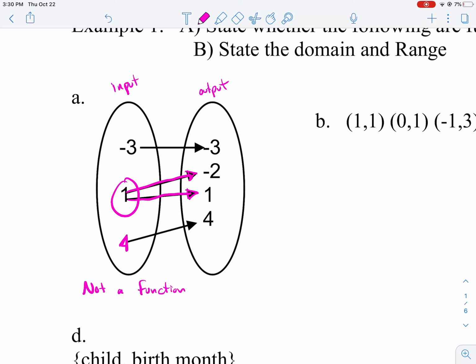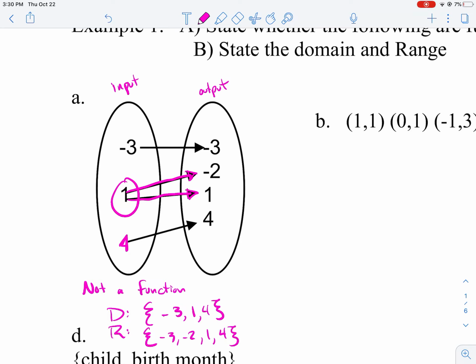We can still talk about the domain and range. In this case, because we don't have any numbers in between, I'm going to put these in a list. My domain is just whatever numbers I have in my inputs, and my range is just whatever numbers I have in my outputs.